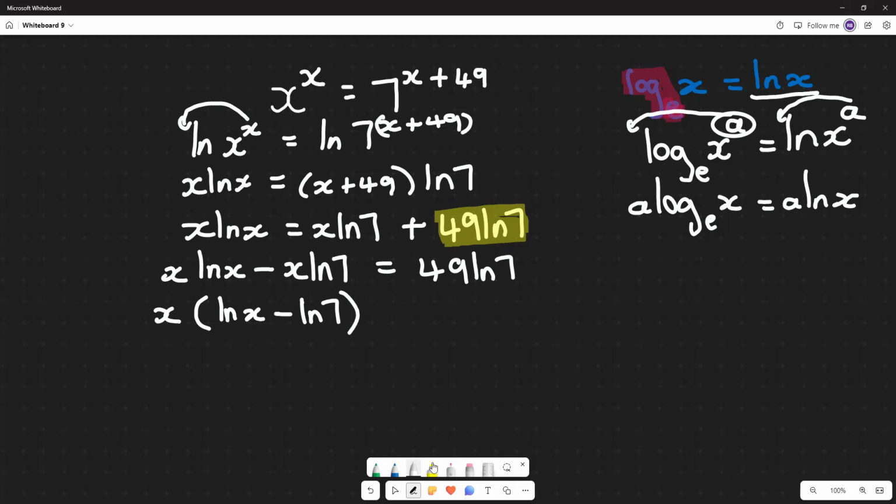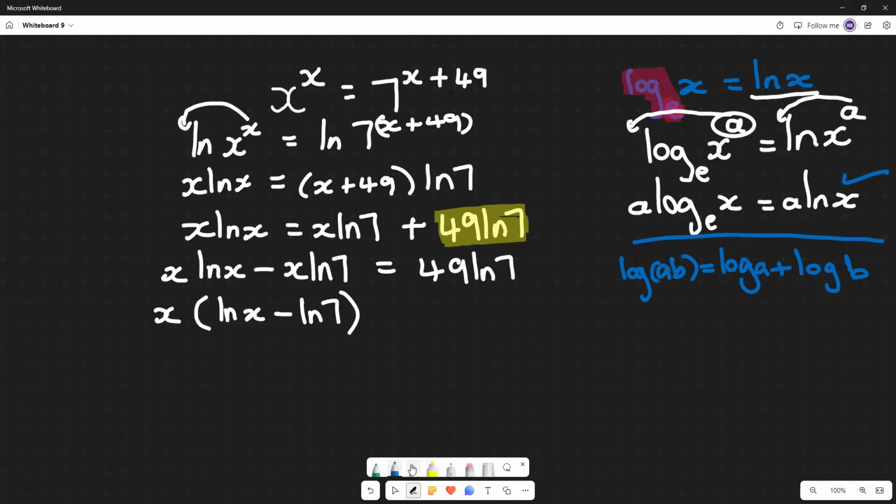And then there are some laws of logs that you need to know. We just discussed the first one there. You need to know that if I have log of, let's say, AB, this is the same as log A plus log B. If I were dividing, I was going to have a minus there.